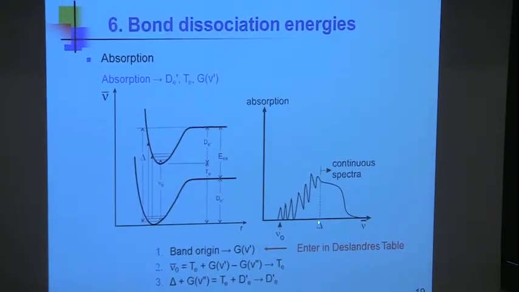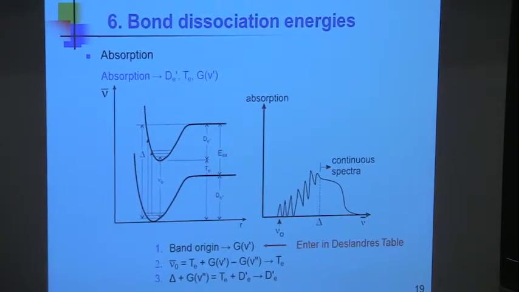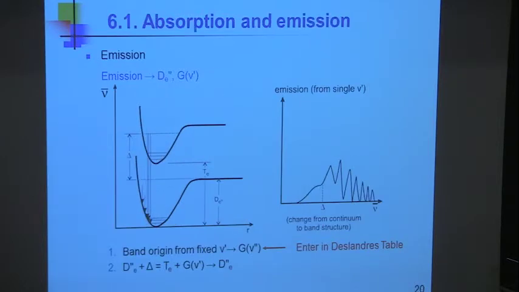That number right there probably corresponds to this overall number from here up to here. So the band origin, and once you have this number, by the way, you can enter this into the Deslandres tables. So there's ways you can use this pattern to try to figure out the dissociation energy or the vibrational terms.